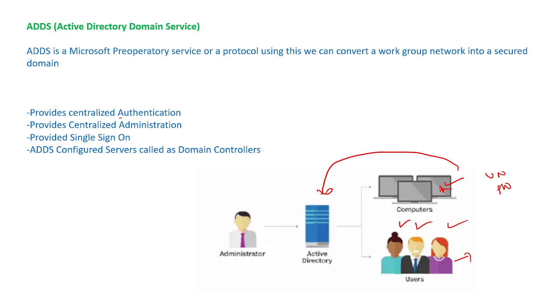And the second one is centralized administration. I told you previously, say for example all these users are Bangalore IT users. Now you want to control that none of these users should be able to connect a pen drive.